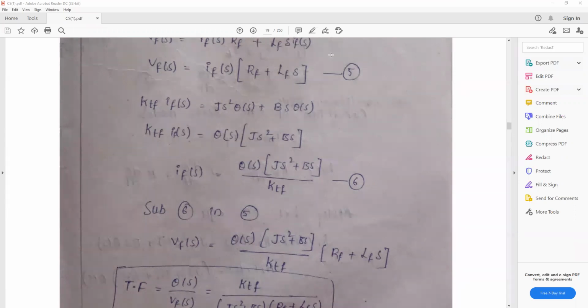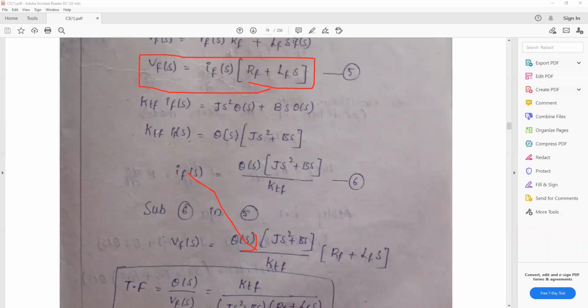Equation 6 substitute in 5. IF of S is theta of S into Js square plus Bs by KTF into RF plus LFS. The transfer function is the Laplace transform of output to the Laplace transform of input with zero initial conditions.